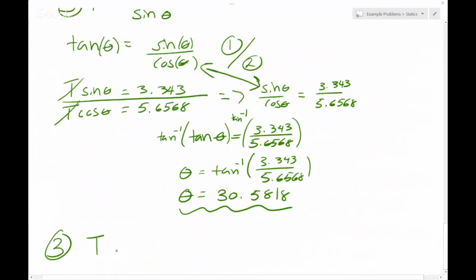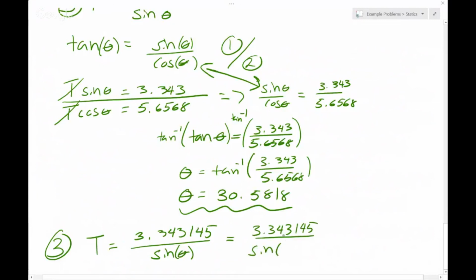Equation 3 says that the tension in the rope is equal to 3.343145 divided by sine of theta. And since we now have our sine of theta, we get 3.343145 divided by sine of 30.5818, which is equal to 6.571 kilonewtons.